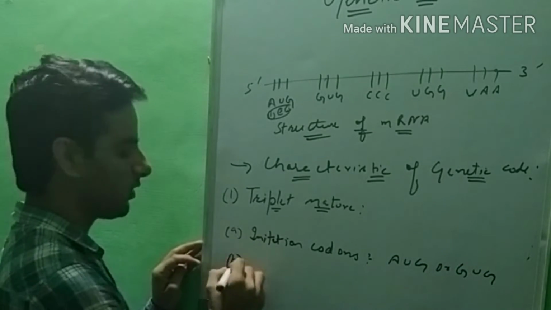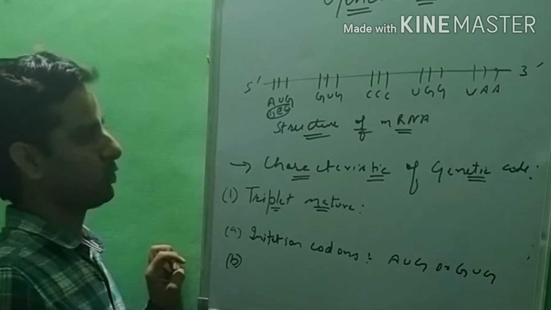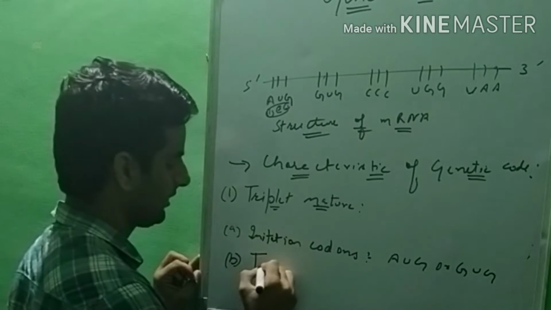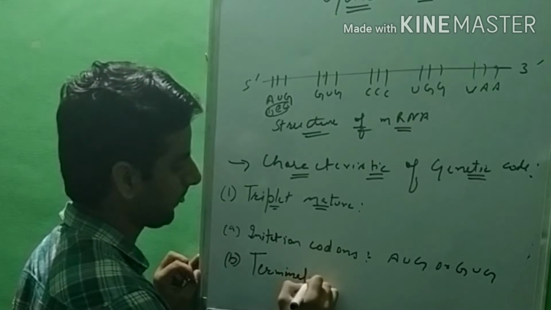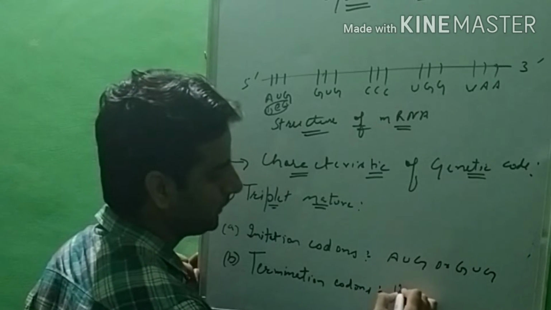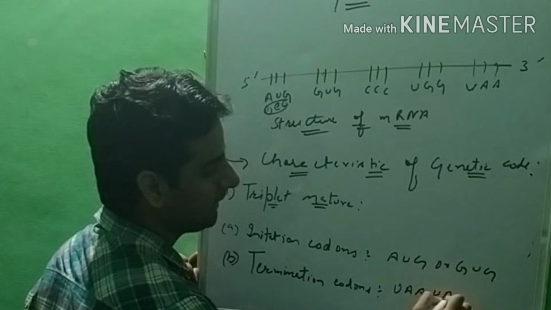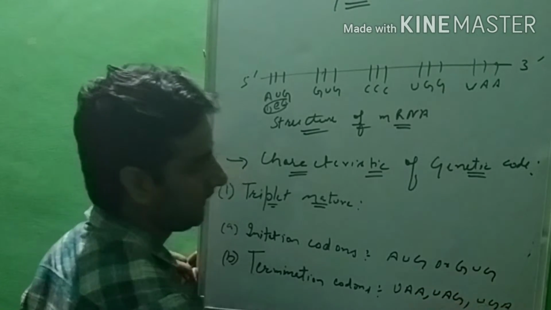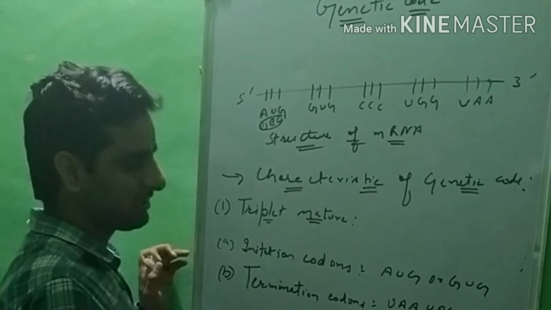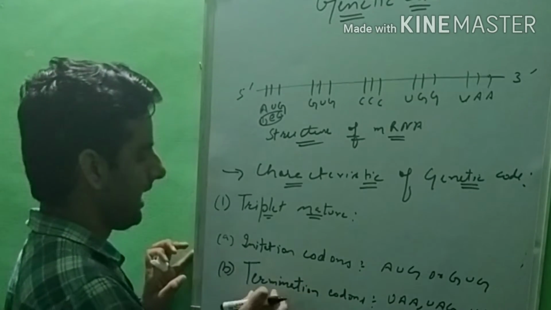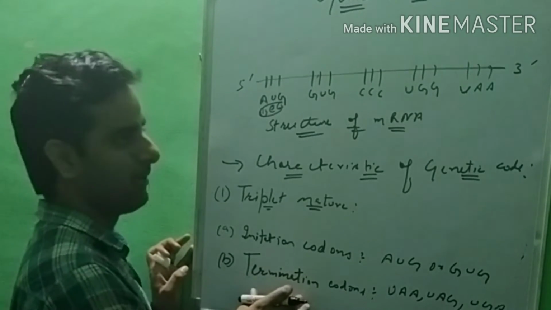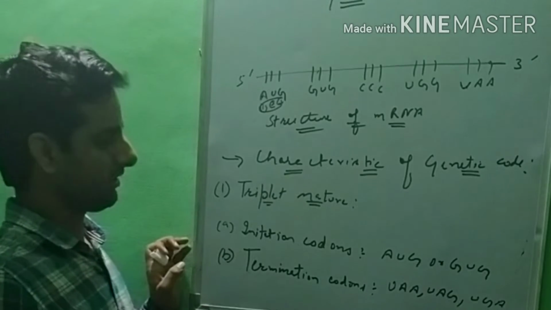Similarly, there are some codons that terminate the process of protein synthesis or translation, and we call them termination codons, and these may be UAA, UAG, UGA. The initiation codons are also called the start signal because they start the protein synthesis. The terminator codons are also called special sense codons or nonsense codons because they terminate or stop the process of protein synthesis.